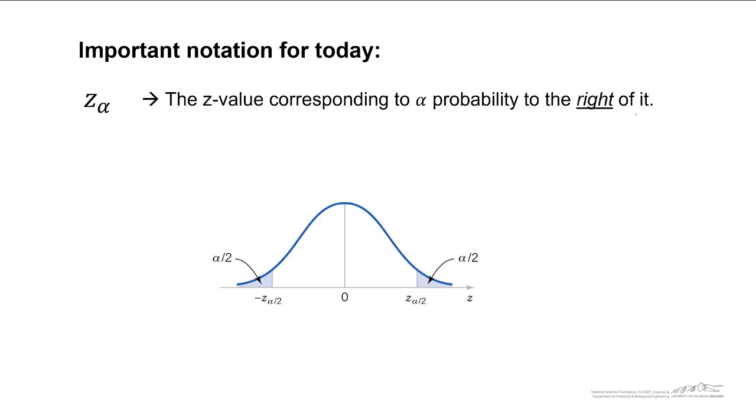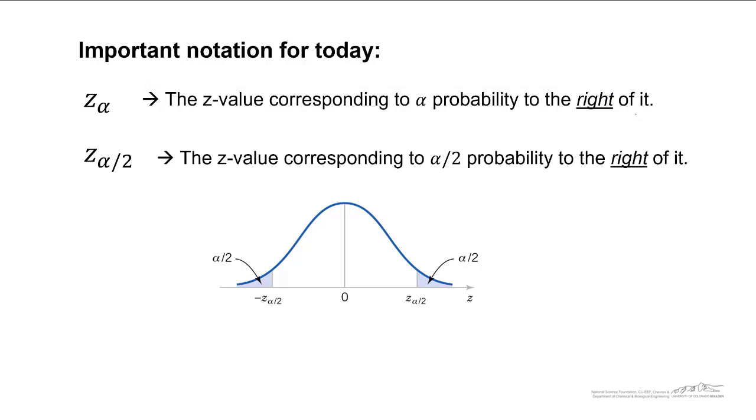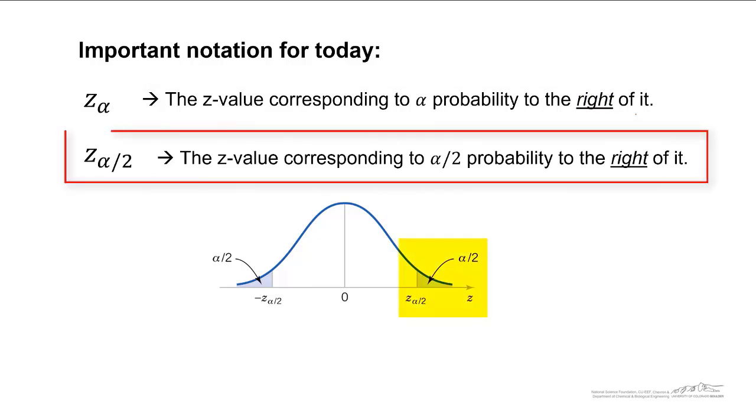We need to quickly discuss some important notation for today. Z sub alpha is the z-value that corresponds to having alpha probability to the right of it. We're no longer considering cumulative from the left. Z sub alpha divided by 2 would be the z-value corresponding to having alpha divided by 2 probability to the right of it.